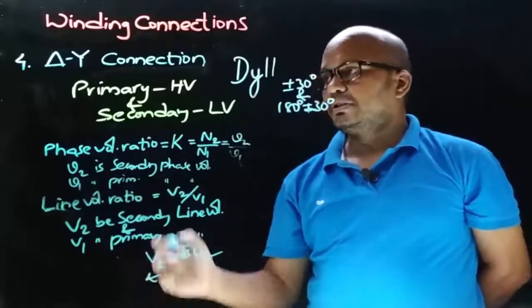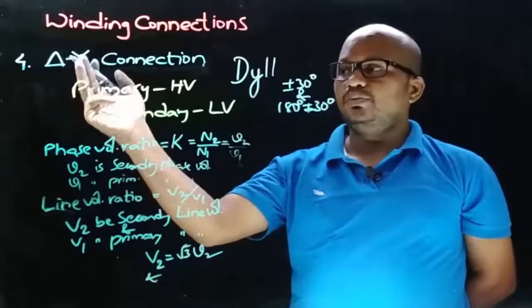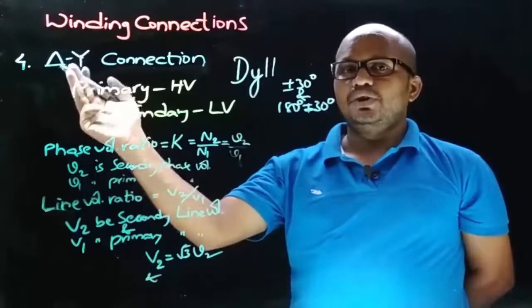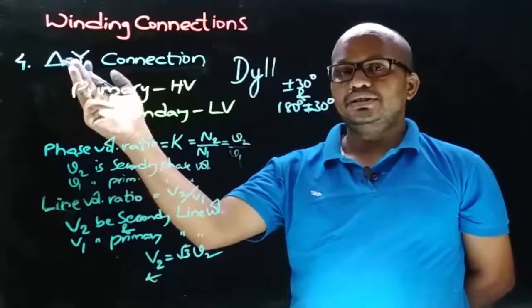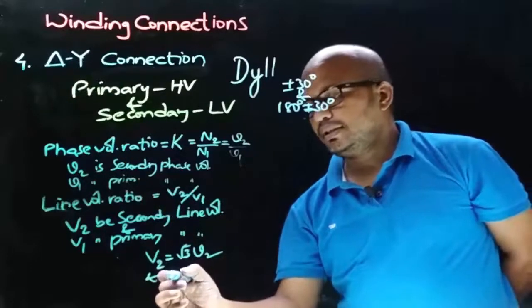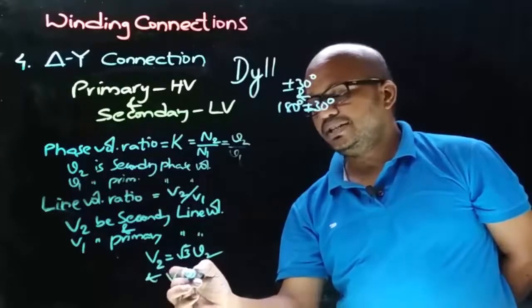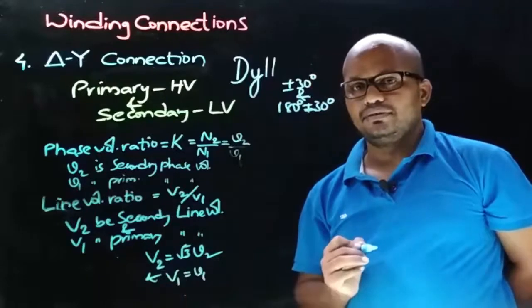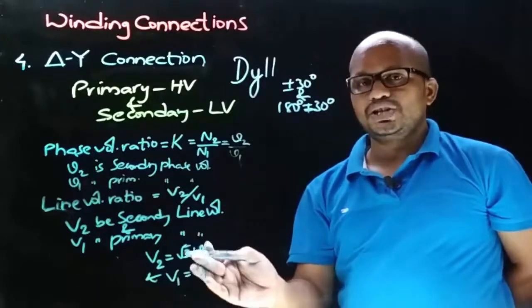And coming to the primary side connection, which is a delta, the relation between line voltage and phase voltage for delta connection is that line voltage is equal to phase voltage. So line voltage V1 is equal to phase voltage small v1. So these are the voltage relations.